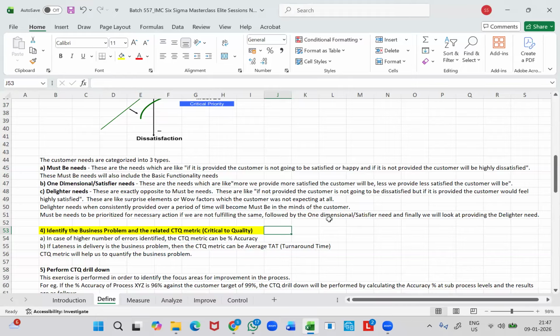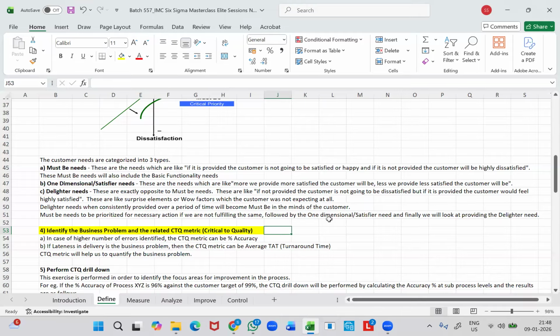So against the customer target accuracy of 99%, our current performance could only be 96%. Only when we measure the CTQ metric, which is accuracy percentage, in numerical terms, will we be able to clearly understand how big the business problem is. So that is why it's important for us to come up with the CTQ metric.